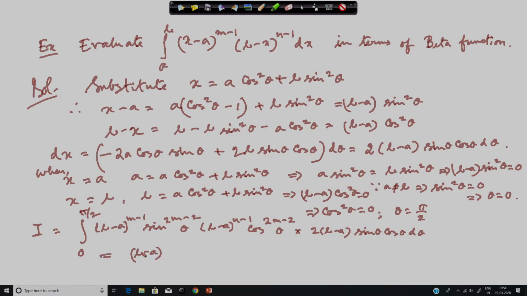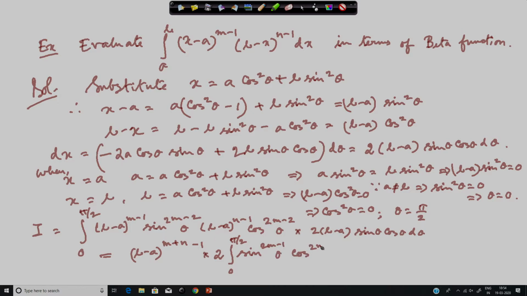If you add the powers of b minus a, m minus 1 plus n minus 1 plus 1. So, (b minus a) to the power m plus n minus 1, multiplied by 2 integral from 0 to pi by 2 of sin to the power 2m minus 1 theta, and what about cos?